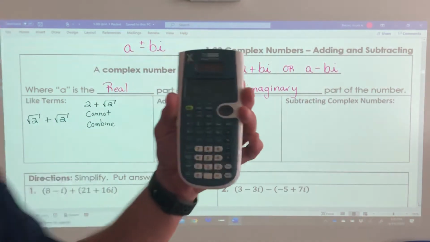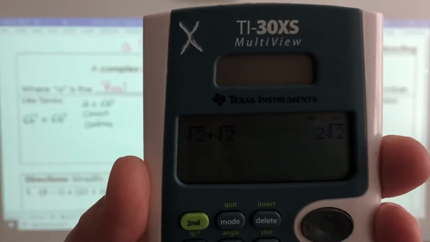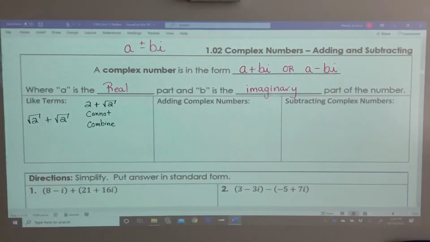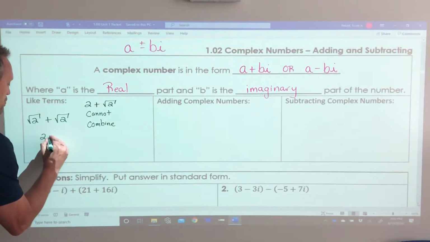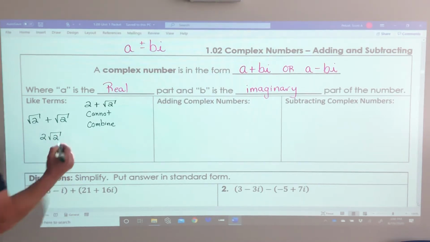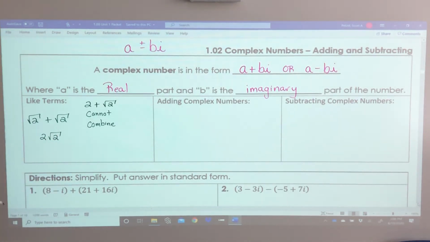Yeah, maybe you can see that. So you can combine those, and this would end up being 2 square roots of 2. Okay? You can technically combine those.